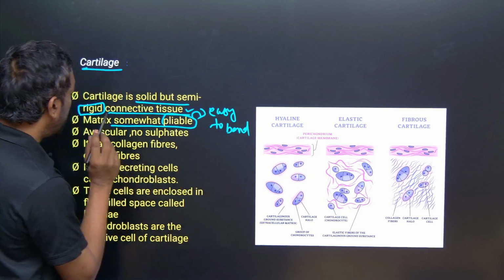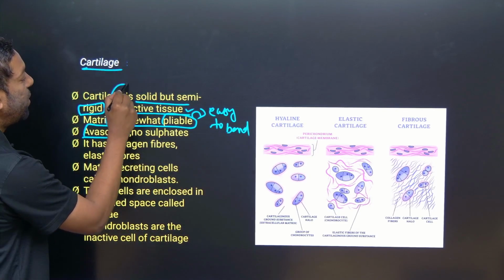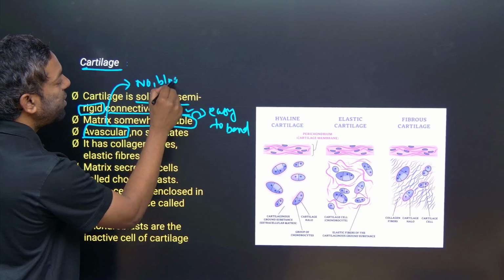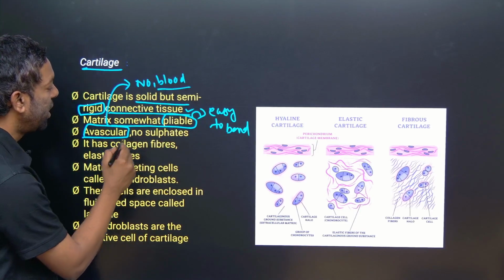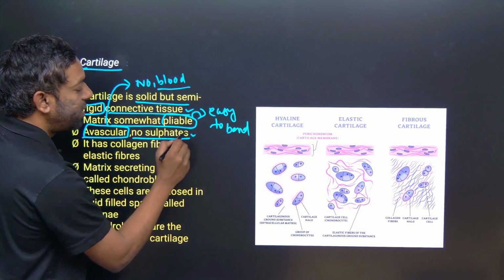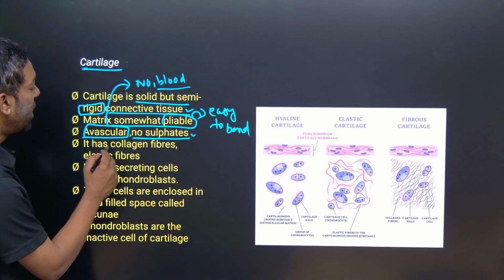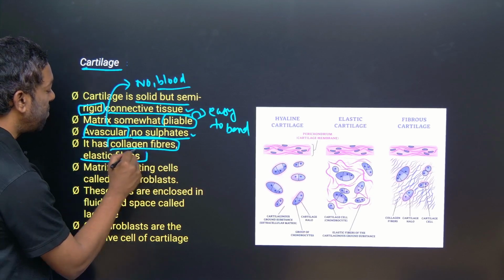And it is avascular, which is most important: no blood vessels enter this tissue, there is no blood supply. There are no minerals in this cartilage. It has collagen fibers and elastic fibers.